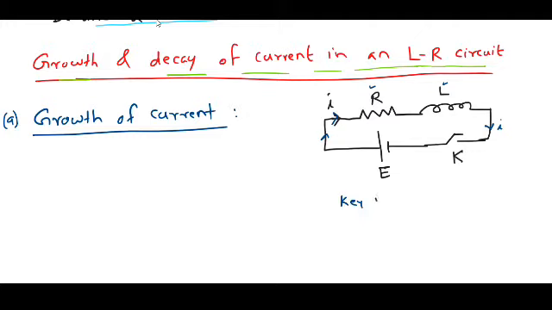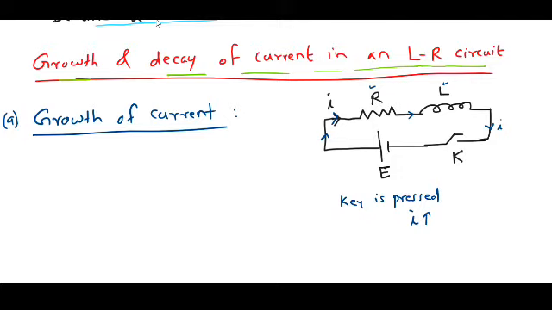When the key is just pressed, the current starts to increase. The current grows very slowly. The current flowing through the resistance and the inductance increases or grows very slowly.